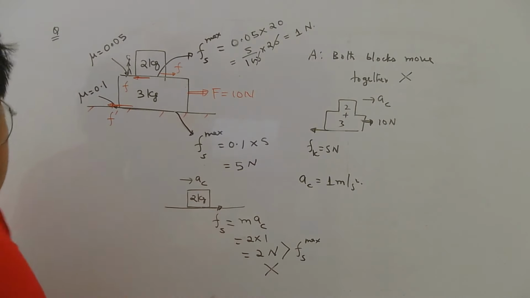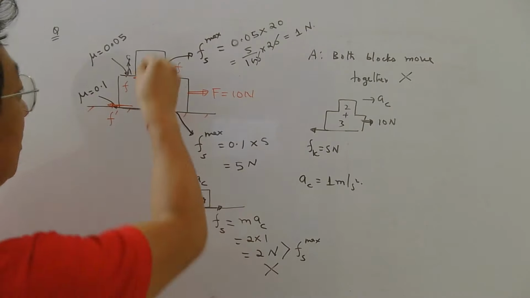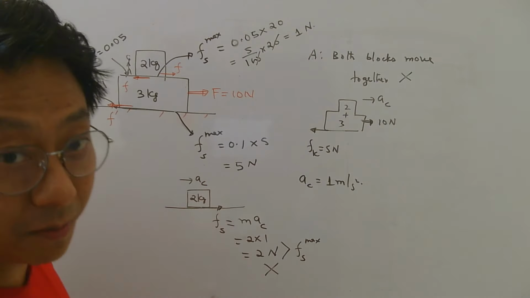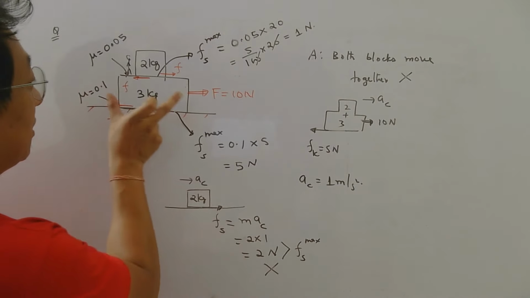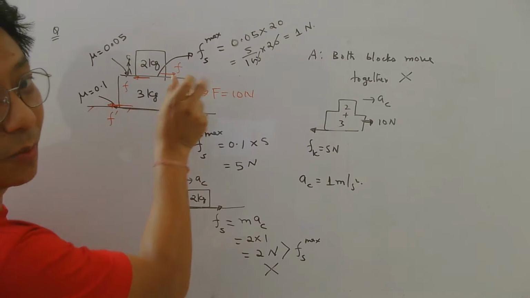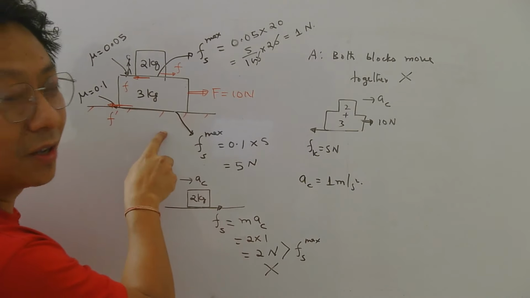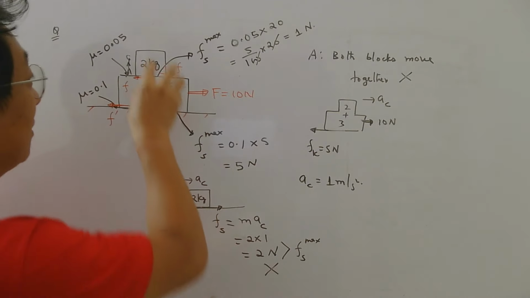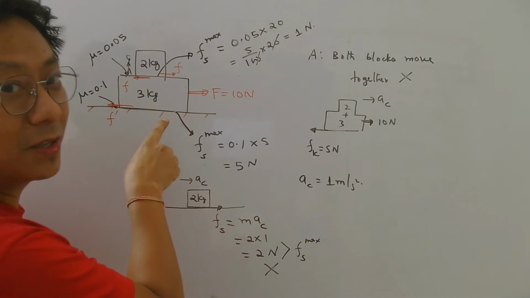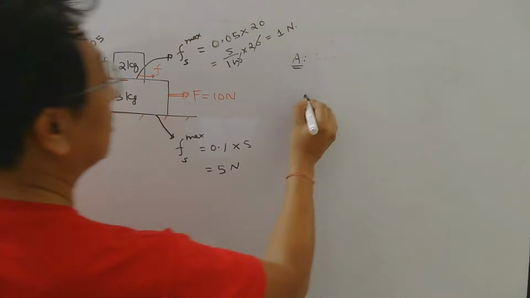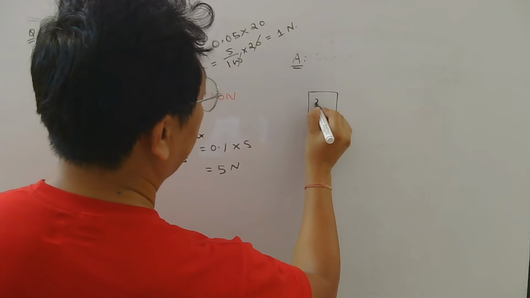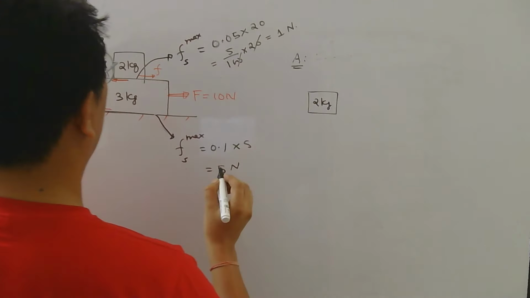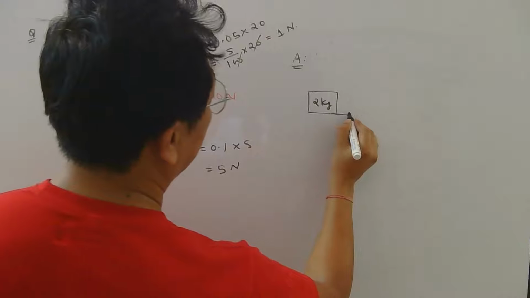So let us now try to find the acceleration of each block. But remember, there is no possibility that this is at rest and this will move, because slipping will start first here, I told. Then slipping can start here also. But it is not possible that this one will slip and this one will stay at rest. That is not possible. So for the 2 kg block, what is the only force here?